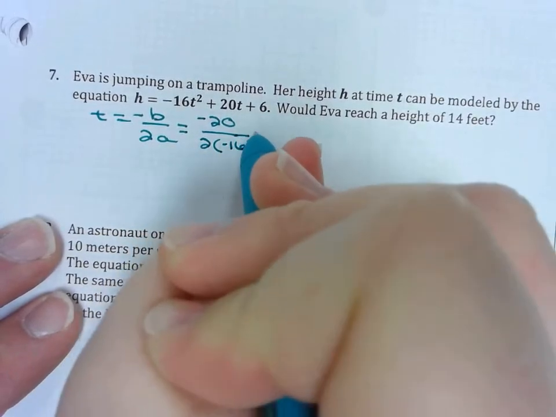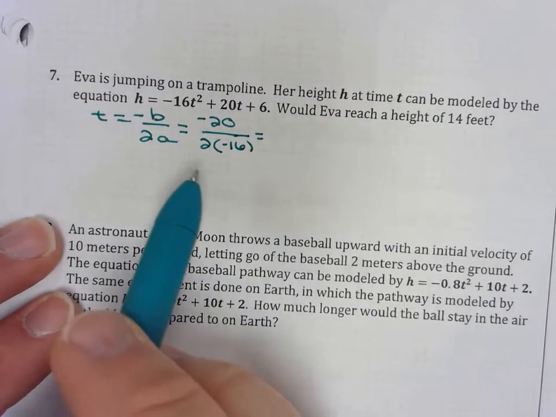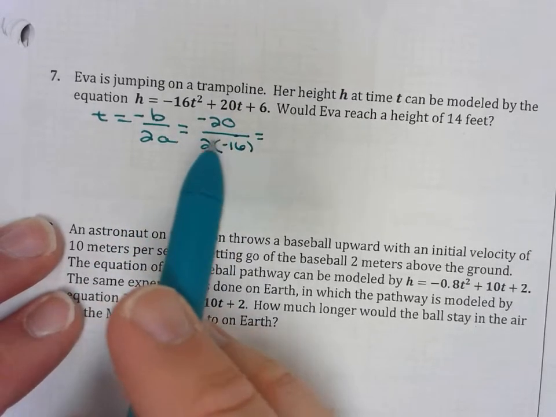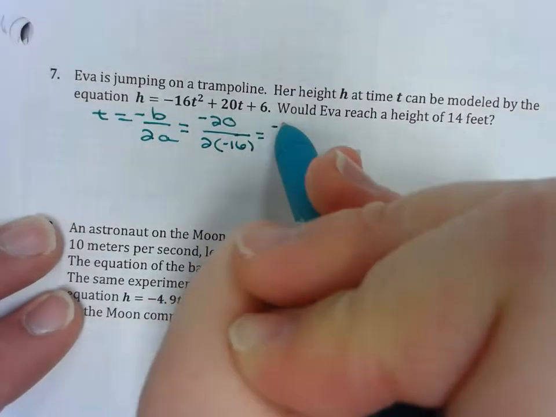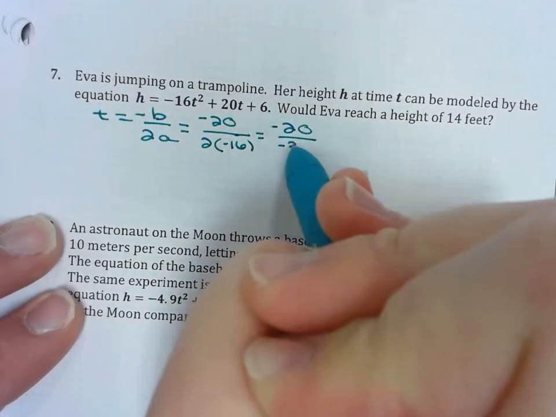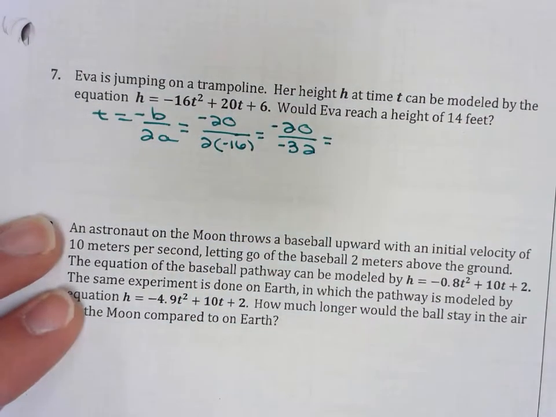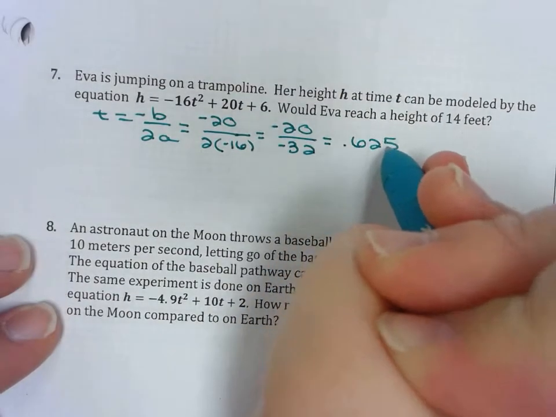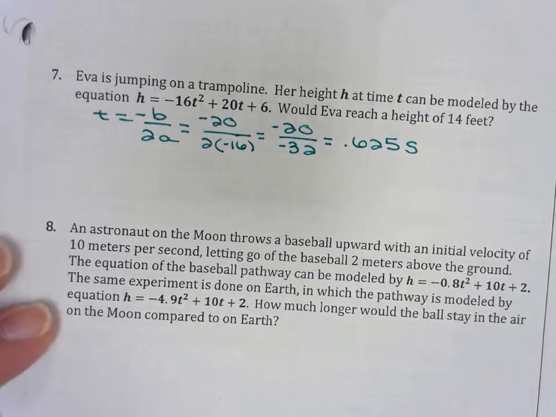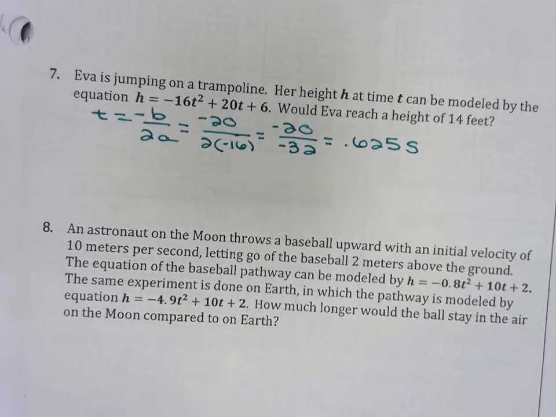Okay. Now we should never get a negative time. So as you go through this, you should always get a positive. So what is negative 20 divided by negative 32? 0.625. And that is seconds. It doesn't say that, I guess, but we'll just assume it's in seconds.